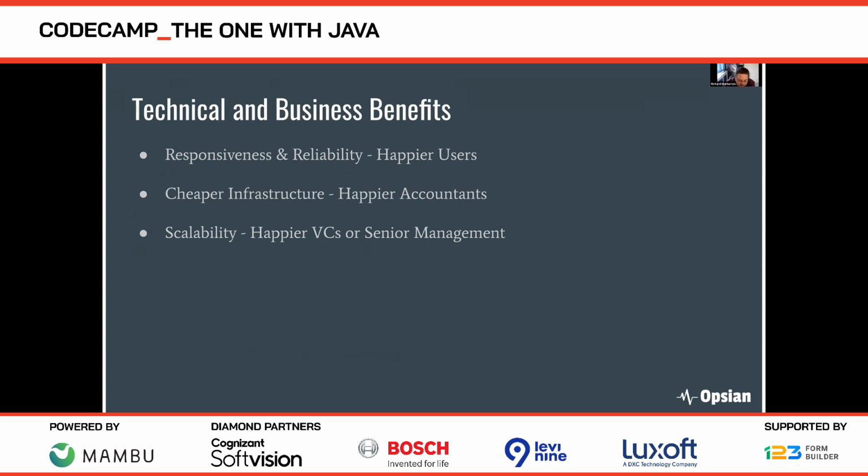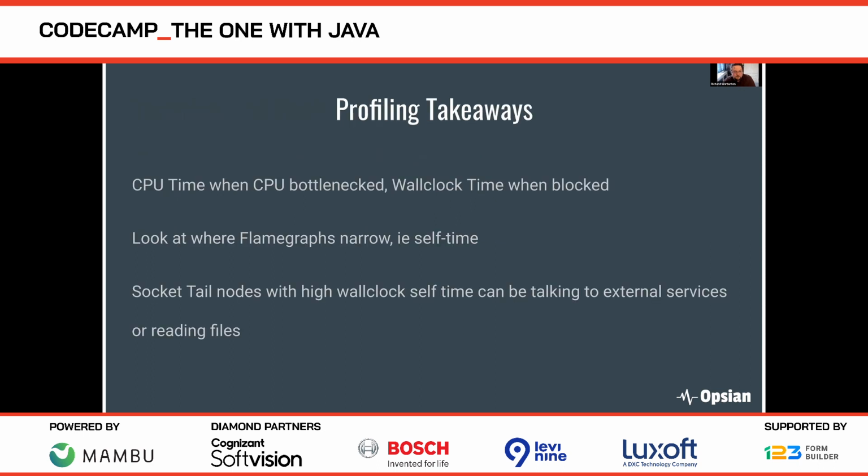And then scalability. Once you've removed these bottlenecks, you can get your system using more and more users concurrently. So people whose goals are growth, like senior management, like VCs, and hopefully, if you're a software developer and you like the company you work for, that's you as well who wants to scale out, that we can solve that problem with profiling as well.